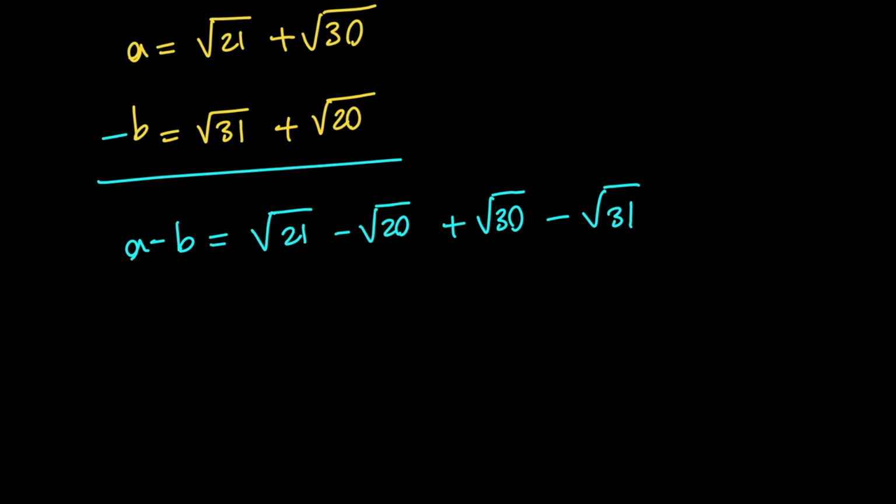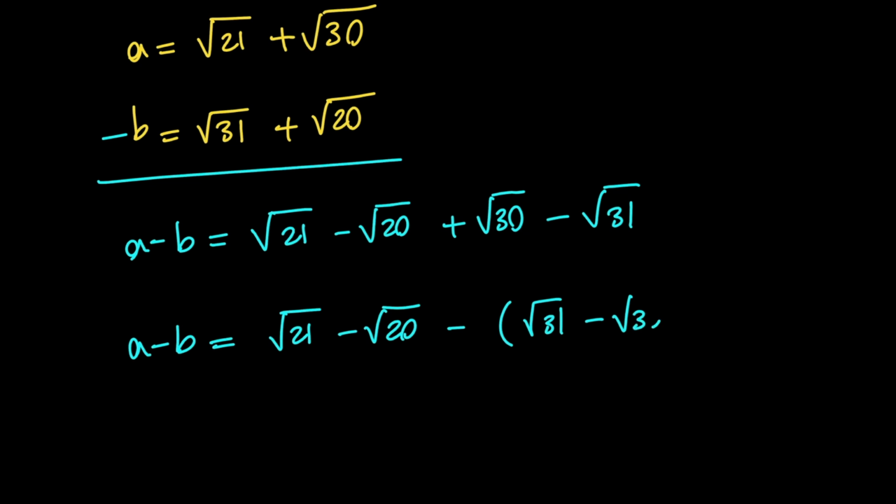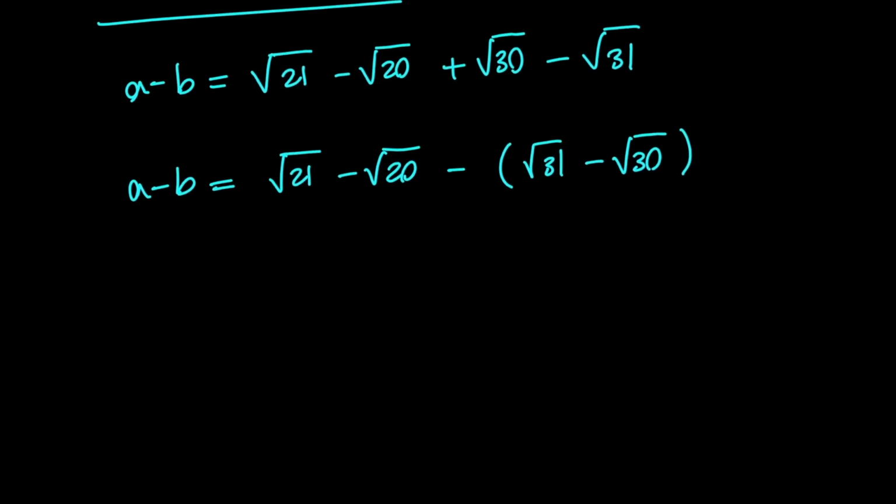So we're going to have A minus B equals root 21 minus root 20 minus the quantity root 31 minus root 30. Cool.